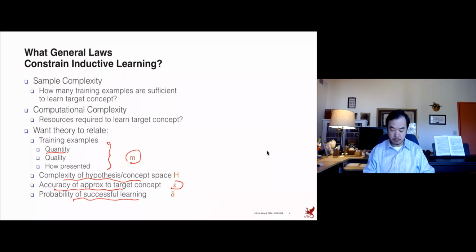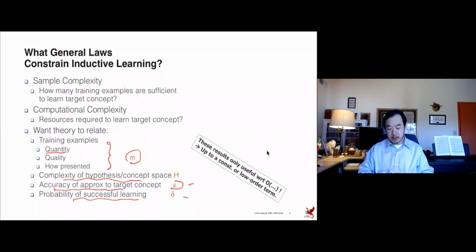So remember, there are two types of probability. One is the probability of making an error, and the other is the probability of attaining a hypothesis that has a small probability of error. So this is a double hedging story.